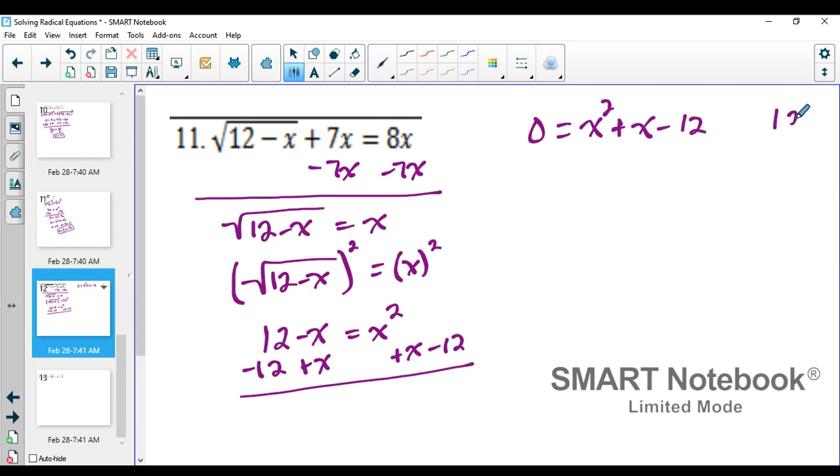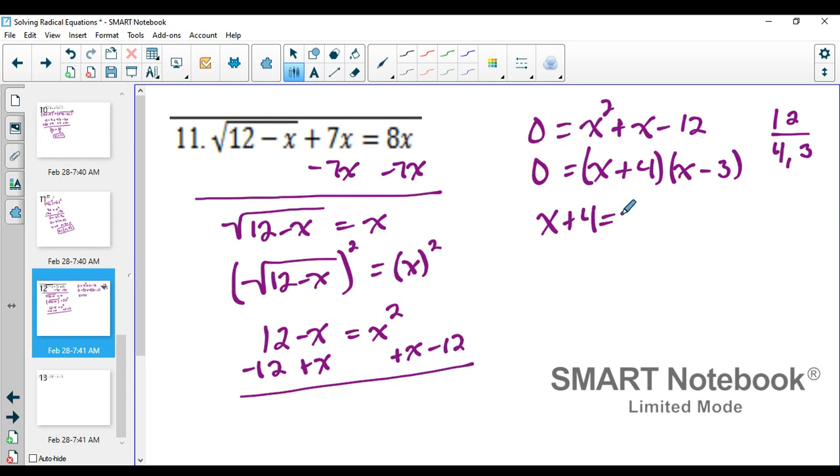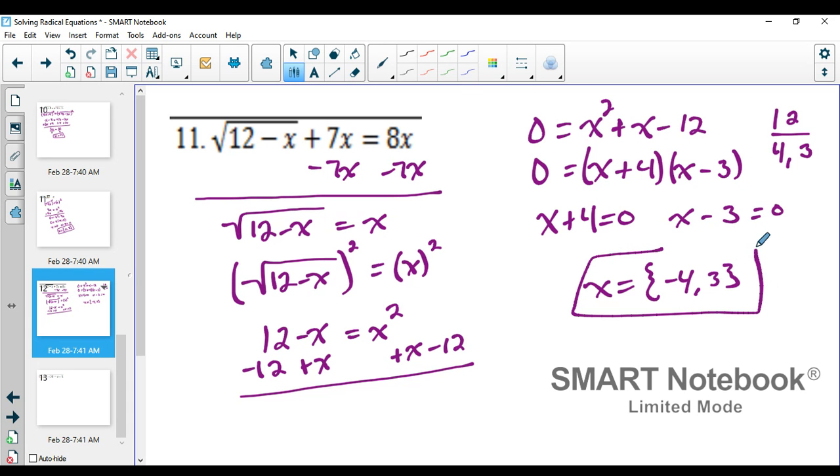So we need the factors of 12 that are going to get us 1, which are 4 and 3. Right, and then since we need to get positive 1, the 4 has to be positive and the 3 is the negative. And then just set them both equal to 0. So x plus 4 equals 0, x minus 3 equals 0. So x equals negative 4 and 3, as our final answer for number 11.